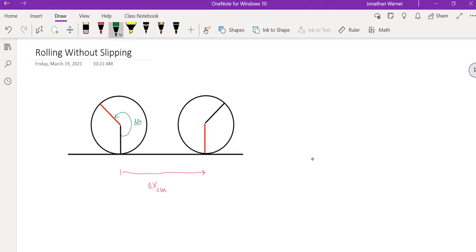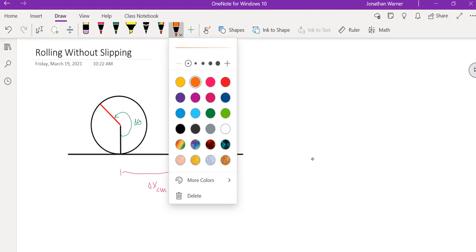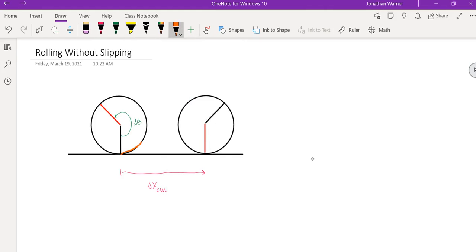These two things happen at the same time. Let's imagine we had painted, in our nice orange color, this part of the wheel, the ball, whatever this round object is. If the paint was nice and fresh, this part of the ground would be painted that color.